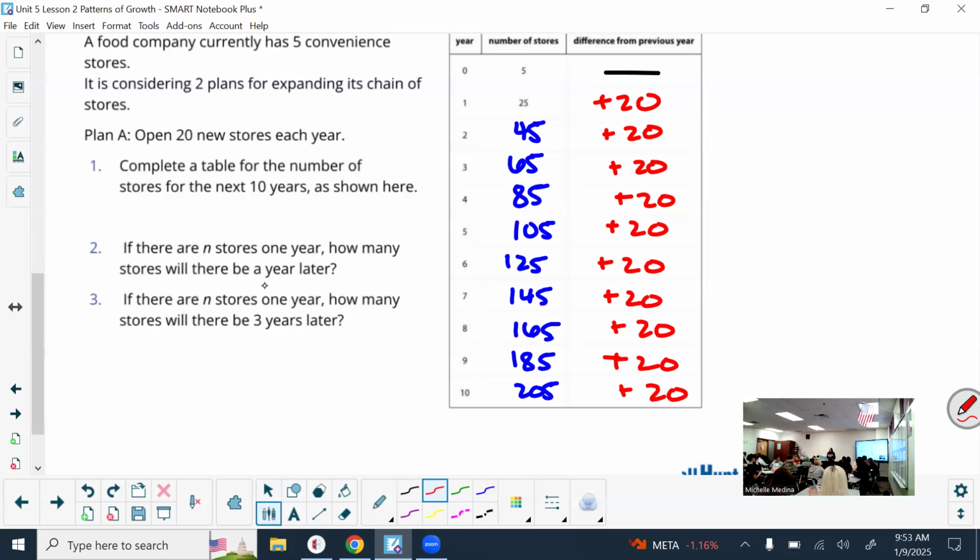No? All right, table 9. Maybe you tell me or come up with something. If there are N stores one year, how many stores will there be a year later? Close.